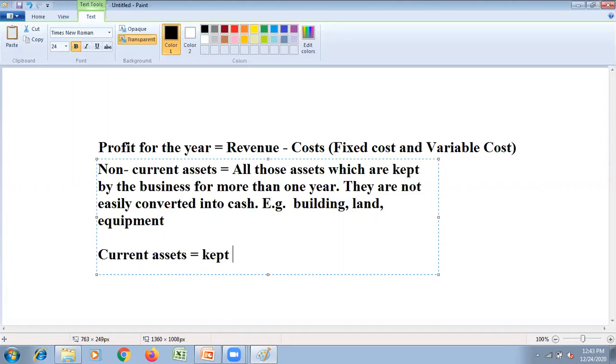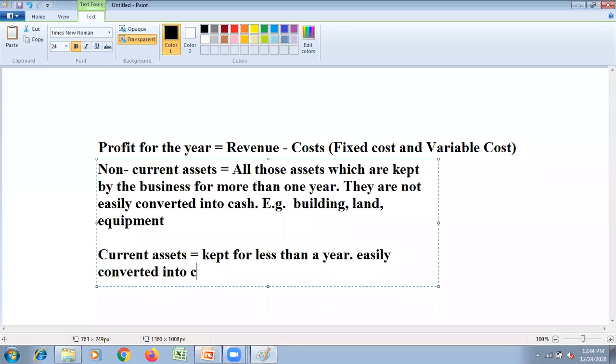So I will just write here: kept for less than a year, right? And one more thing, that they are easily converted into cash, easily converted into cash, right? So this is exactly opposite of it.